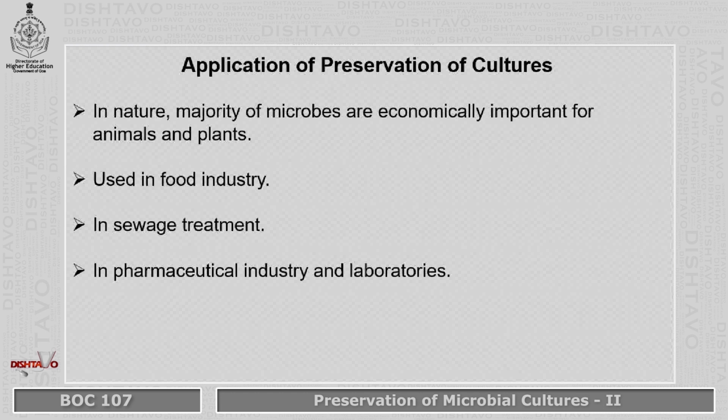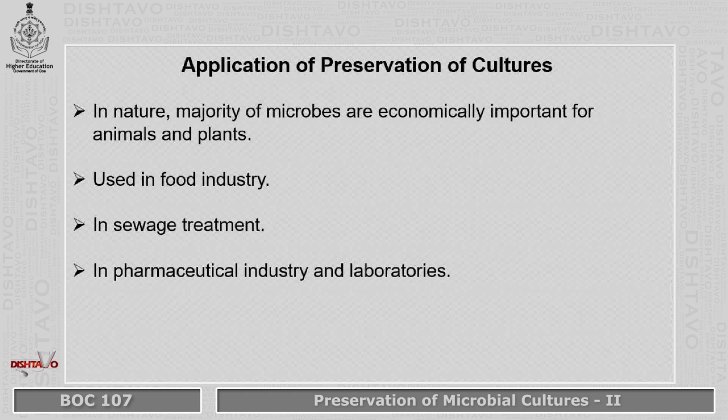Now what are the applications of preservation of cultures? Now in nature, there are a majority of microorganisms which we know are economically important for animals and plants. So we need to screen them. Once we screen, we need to identify their potential and do subculturing or another method, and we need to store them in the refrigerator.